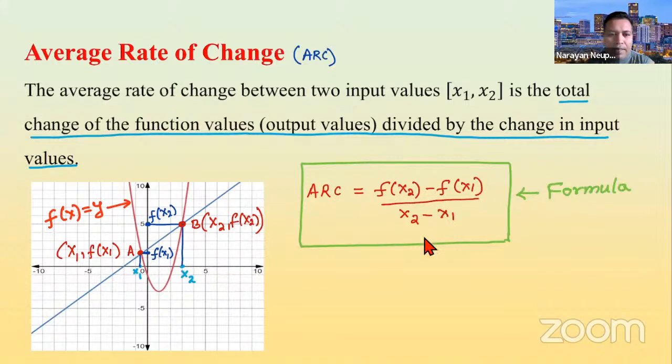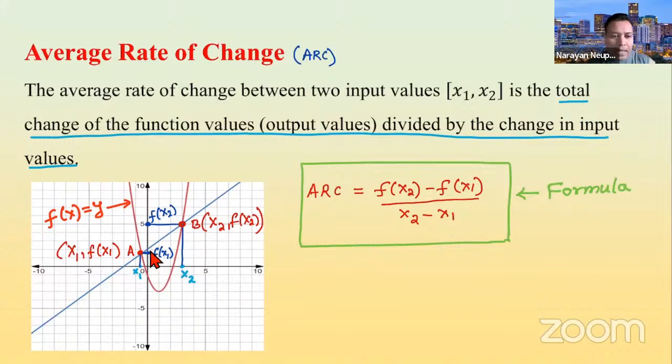We have f of x2 minus f of x1, that is this y value minus this y value. That means your numerator is the change in y. The denominator x2 minus x1 is the difference in the x coordinate. So what we are measuring here is change in y values over change in x values.